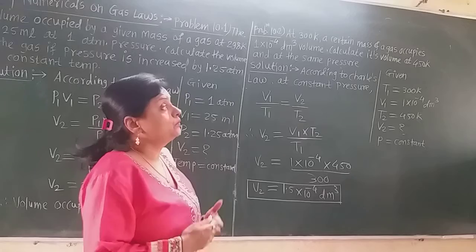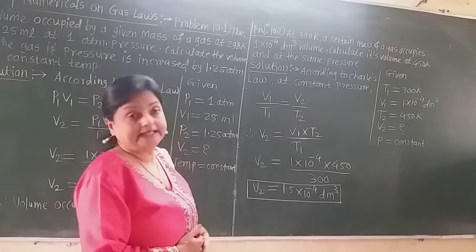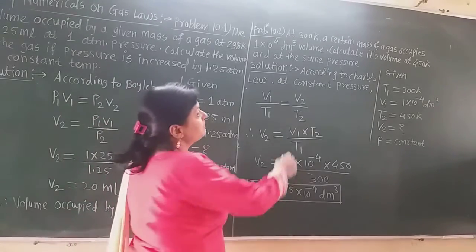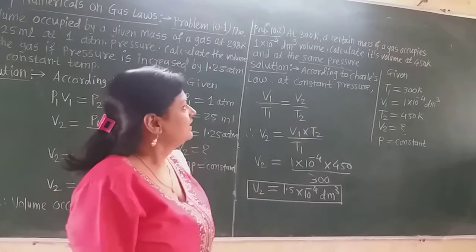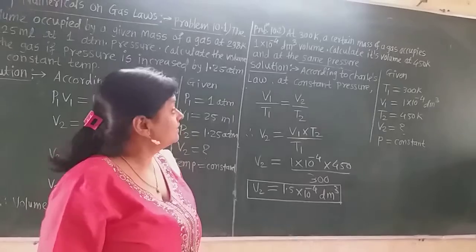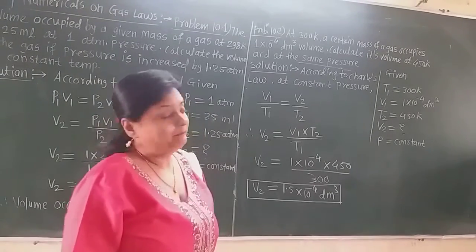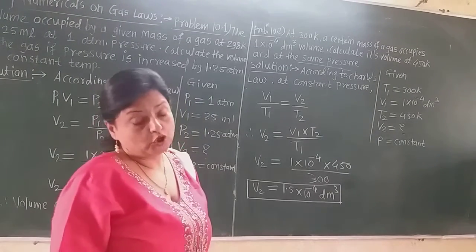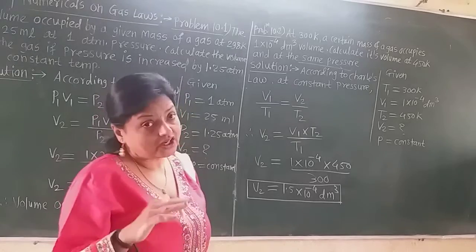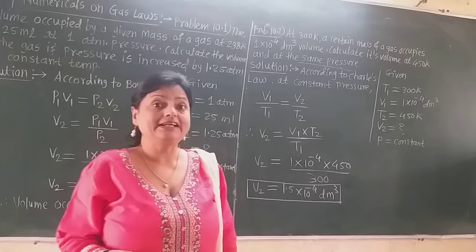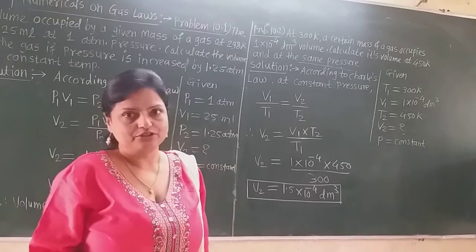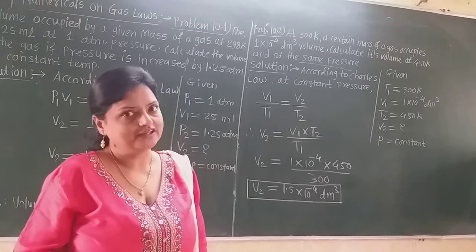Calculate its volume at 450 Kelvin at the same pressure. Here pressure is constant, two different temperatures and one volume are given, and they ask to calculate the other volume. So this is definitely on Charles law.